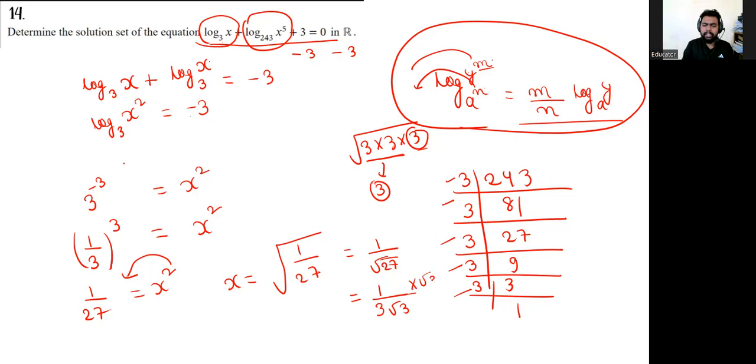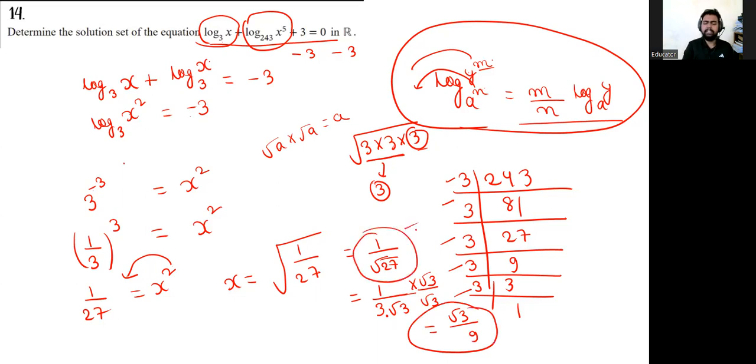So better to rationalize, multiply by root 3 at both the places. So 1 times root 3 will become root 3. Now root 3 times root 3 will become 3. This is the rule. If we have root a times root a, the answer is just a. So root 3 times root 3 is just 3. There is 3 outside. 3 times 3 will make 9.